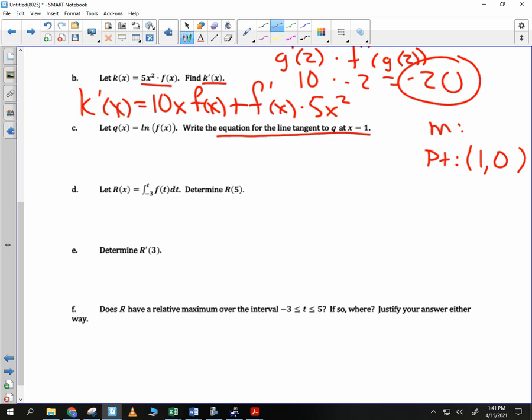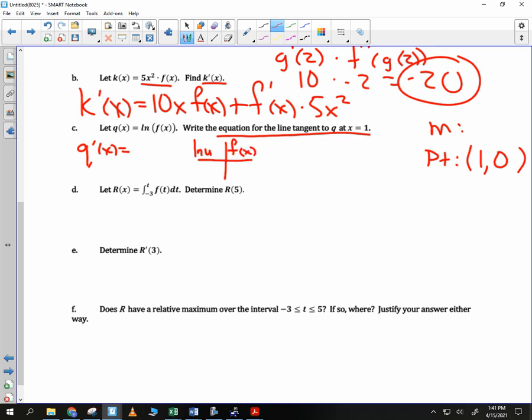Okay, in order to find slope, I have to take the derivative. So q prime of x. How would you find the derivative of natural log of f of x? Close. Not product, but chain. What goes on the outside is the natural log of u. What goes on the inside? F of x.